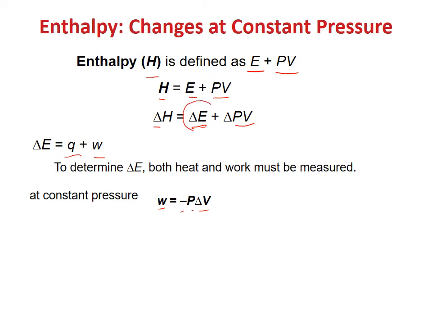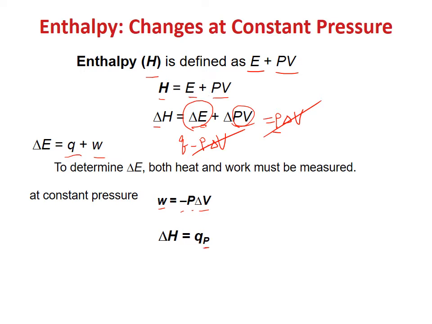So delta E now is heat minus P times delta V. And if pressure is constant, then the change of product PV can be written as only volume change times pressure, because pressure does not change. So the change of product PV is just P times delta V. You can see one is negative, one is positive. They cancel each other, and so we have delta H equals Q.